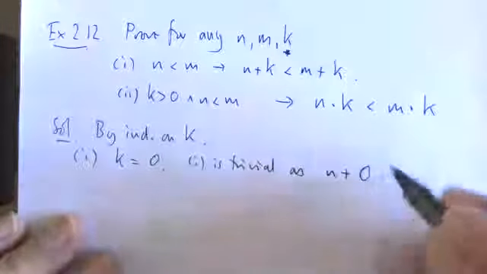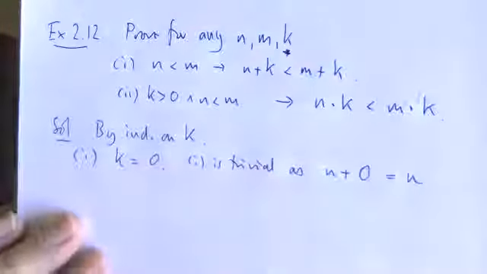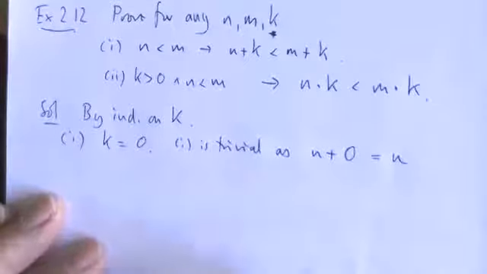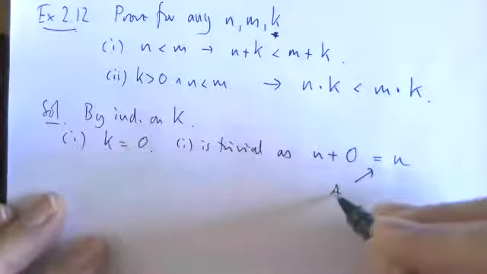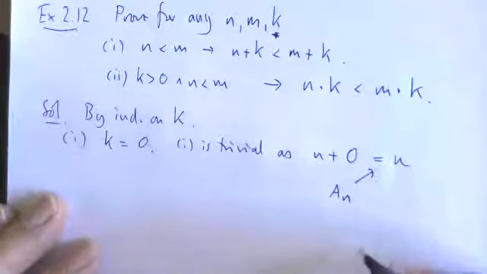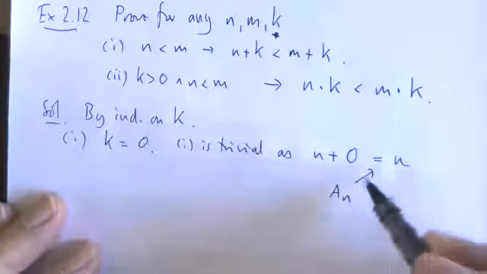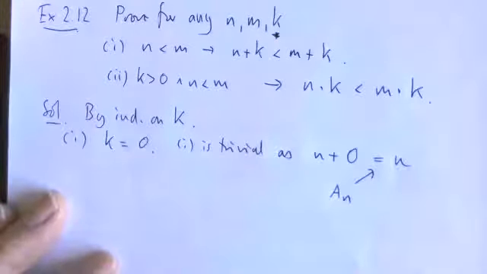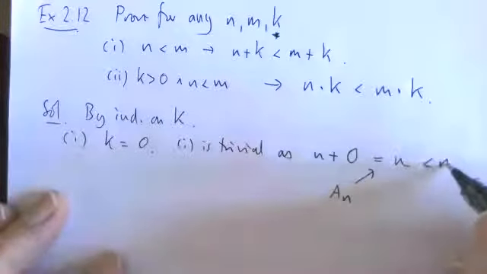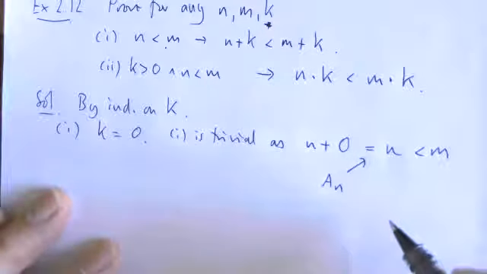Well, n plus 0 is n. And if you ask me why, I would appeal to the definition of addition. The definition tells me n plus 0 is n. We're given that this is less than m by the assumption here.